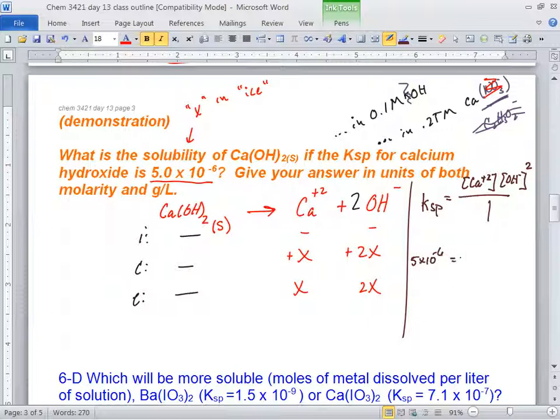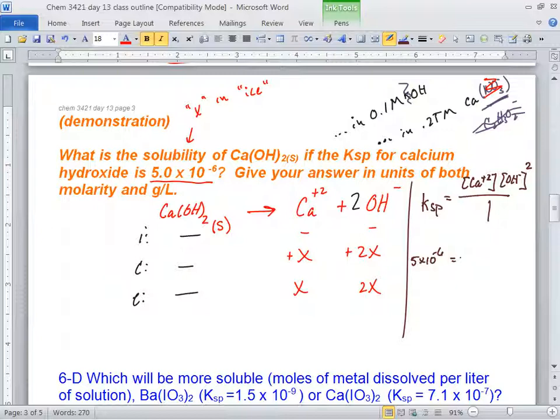No problem. Now this is an equilibrium constant. So these have to be equilibrium concentrations. Well, where are they in the ice table? They're in which row? In E. Yeah, in E, right?